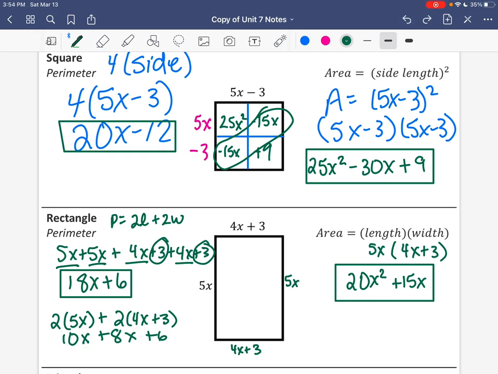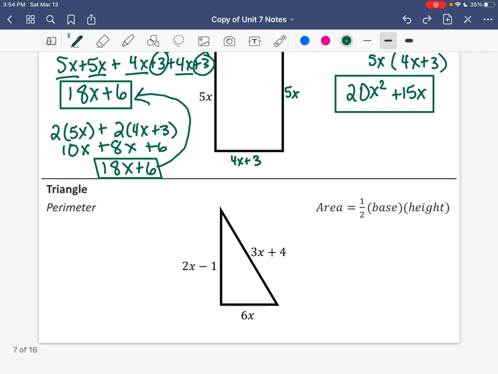So 10x plus 8x is 18x plus 6. It is the same no matter which way you do it. Some people like to just add them up, and some people like to use the formula. That's totally up to you.